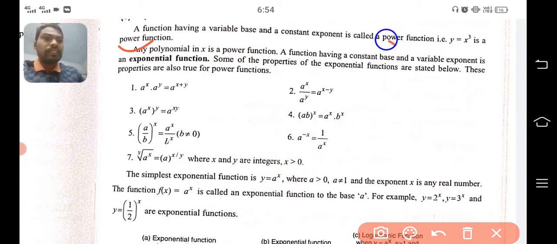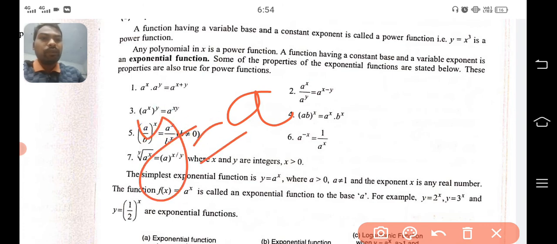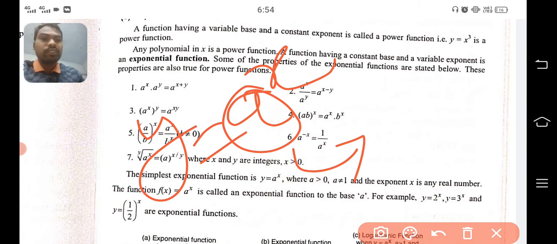When the base is constant and the exponent is variable. If you write y is equal to a to the power x, here a is the base, which is constant, and x is the exponent, which is variable, then such a notation is called an exponential function.